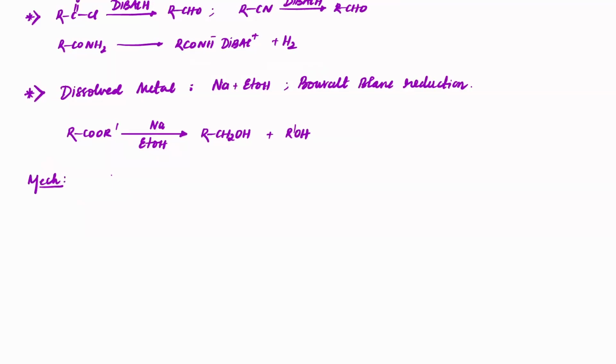Mechanism wise, if you notice, we have R, C double bond O, OR dash. Electrons are released by sodium, which try to connect onto carbon, giving O minus, a single electron, and OR. Now, one more electron will be pushed here till it becomes a carbanion.